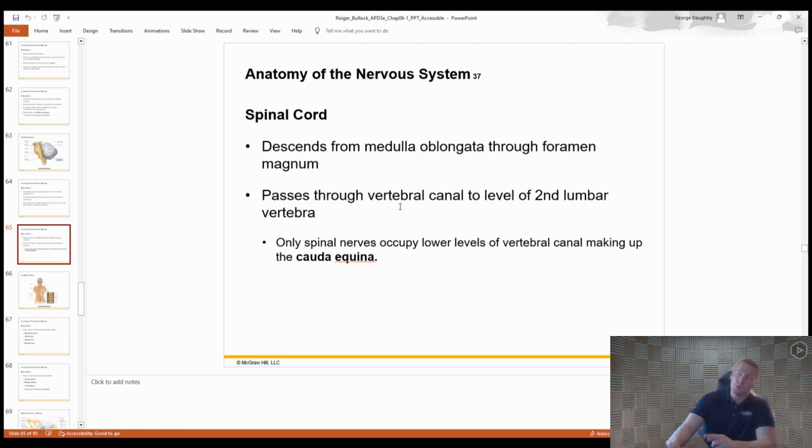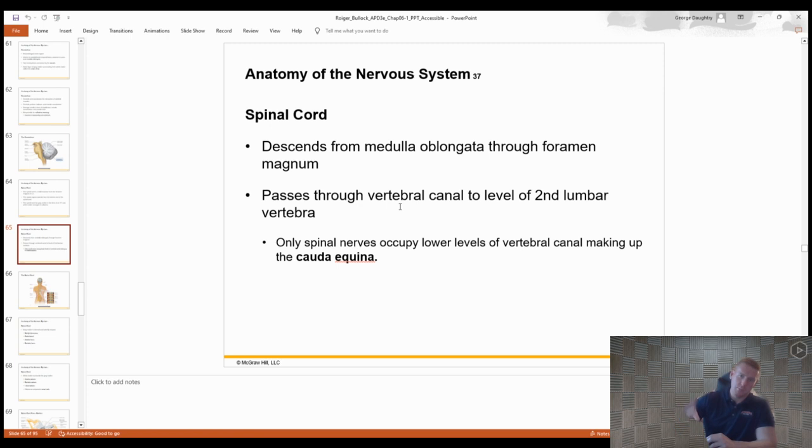And only spinal nerves occupy lower levels of the vertebral canal, making up the cauda equina. Okay, so what this is essentially saying is really at the bottom, there's nothing innervating those lower vertebral columns other than the spinal nerves.